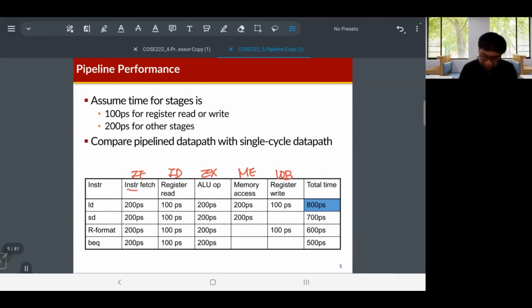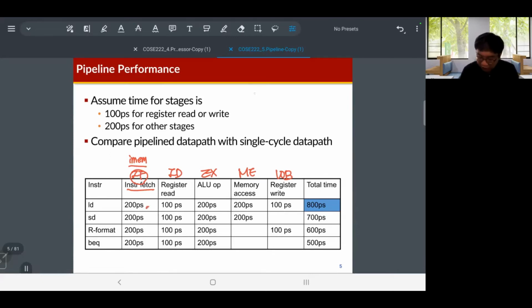For the instruction fetch, we need to use the instruction memory. So we need to access instruction memory with the PC, the program counter value. During the instruction fetch stage, we need to consider the delay of the instruction memory. Let us assume that the delay of instruction memory is 200 picoseconds.